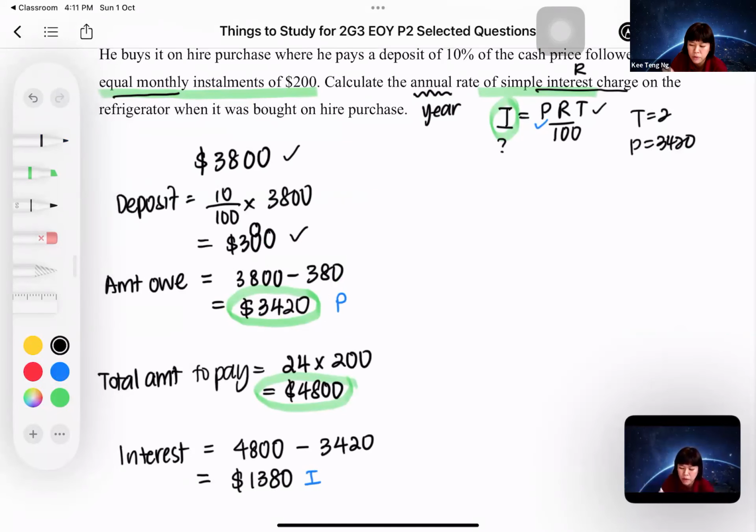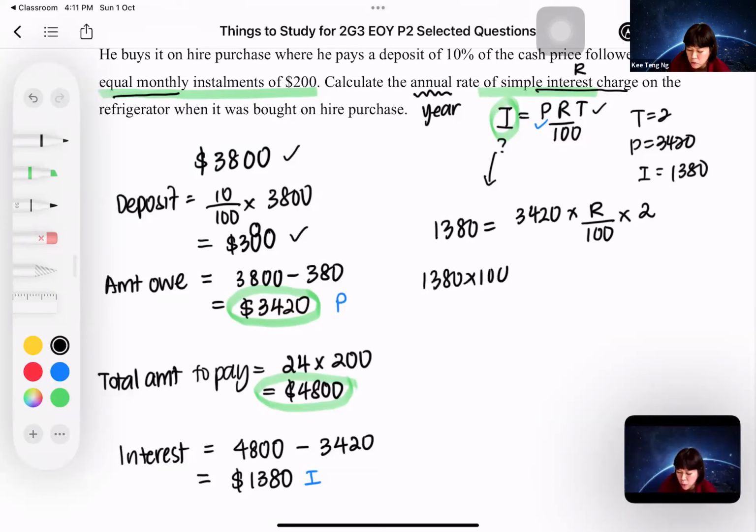I'm going to plug all the numbers that I have, I equals 1380, into my formula. So I is 1380. The principal that I owe was 3420. The annual interest rate, I don't know, but it's in percentage, times time period, 2 years. So how am I going to undo everything? I take this times 100, divide away 3420, divide away 2. Then I get my interest rate.